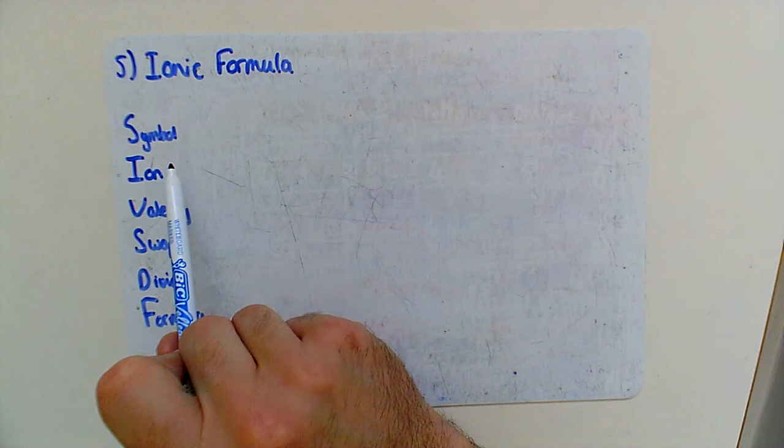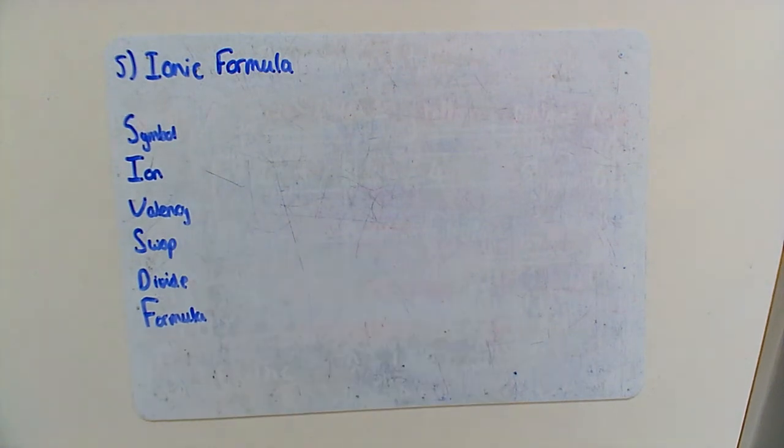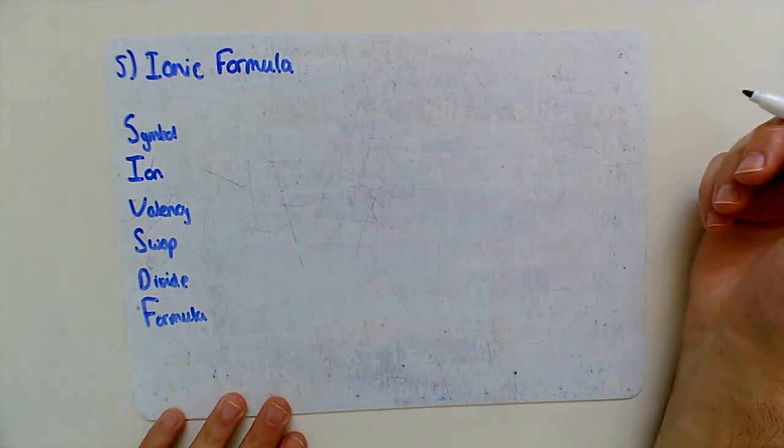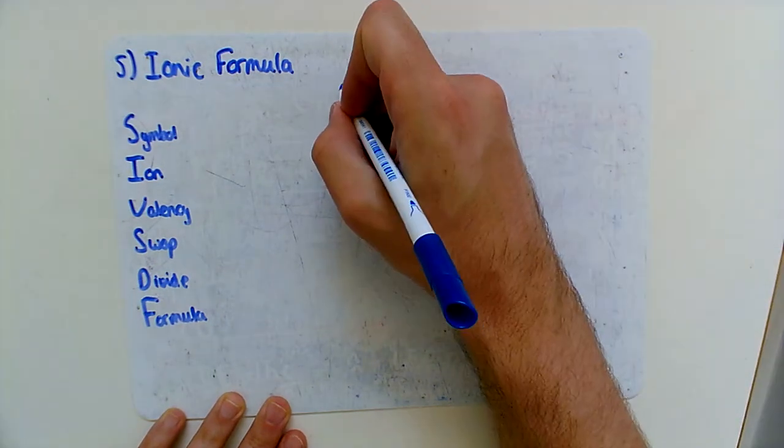The difference between the symbol and the ion is that the ion has the charge as well as the symbol. So the example we're going to start with is we're going to work with sodium oxide.